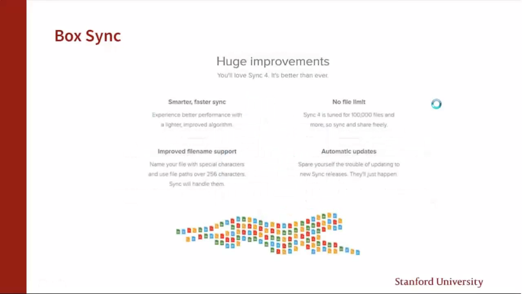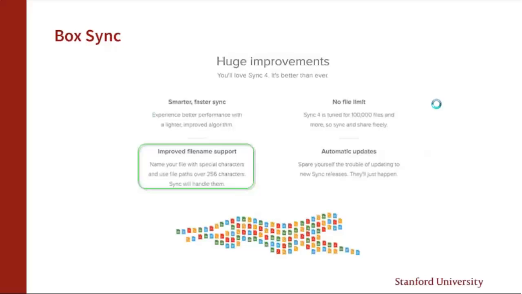And some huge improvements over the previous version: it's very fast, much faster than 3.5. And now you can name files with special characters. Before, you couldn't do that with exclamation marks and other characters. And you can have up to 256 levels of file path.